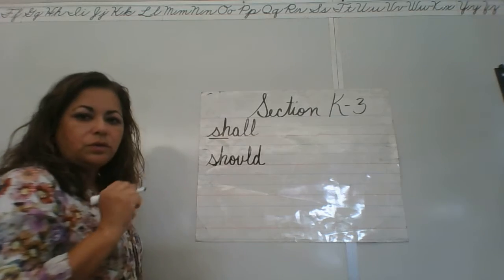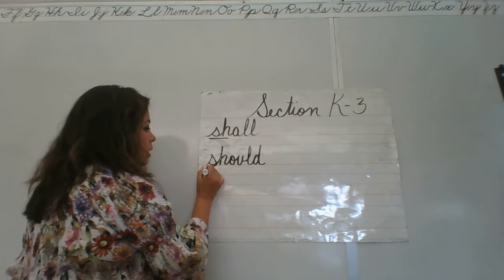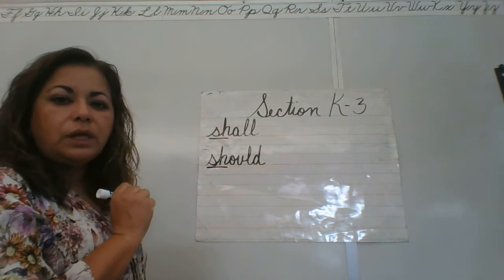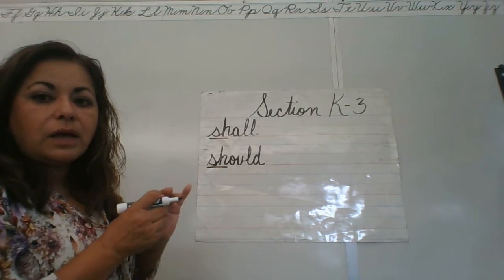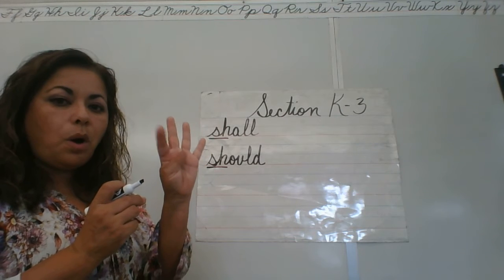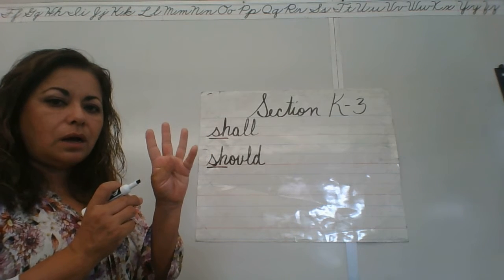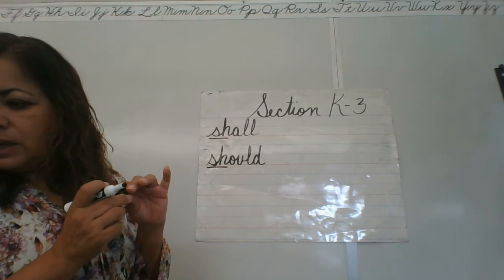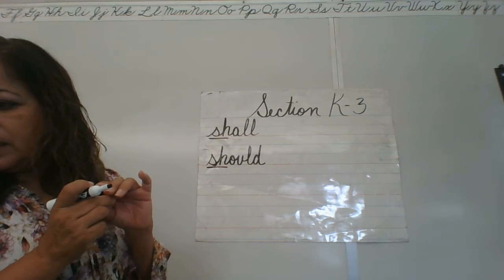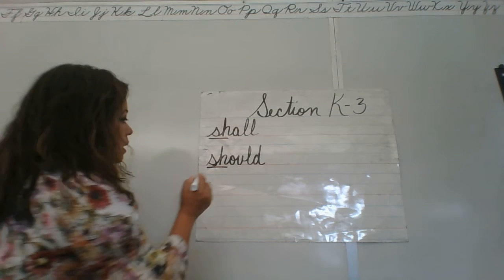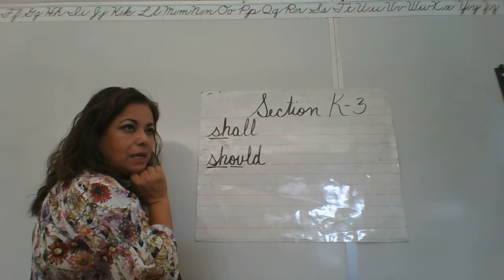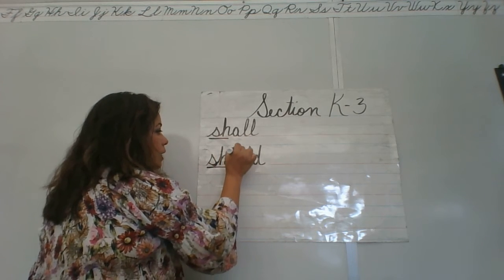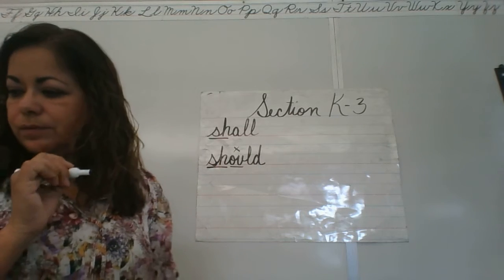Okay, so the first one, I know you guys already underlined it, is sh, multi-letter phonogram. The next one is ou, o, u. It has four sounds. Ou, o, u, should. Should. We underline it. And when a word does not say its sound, we put an X over it.